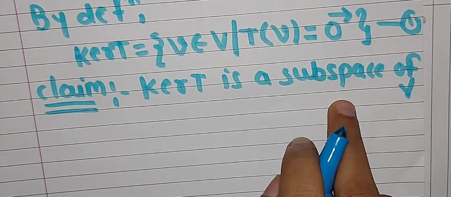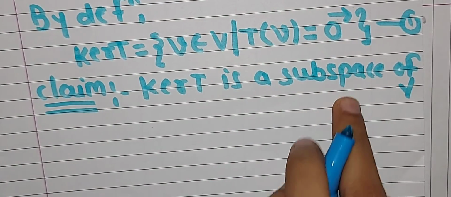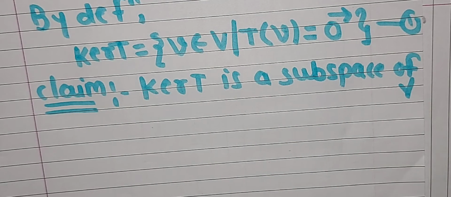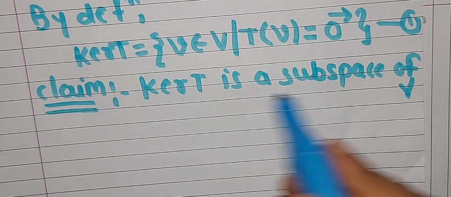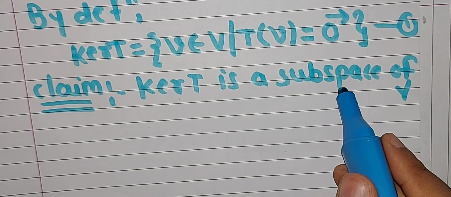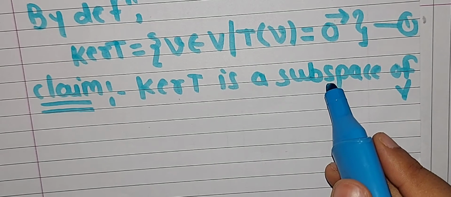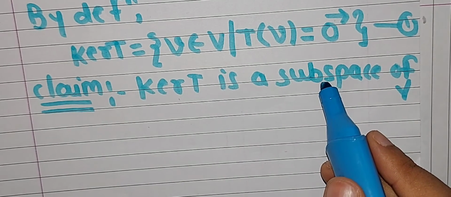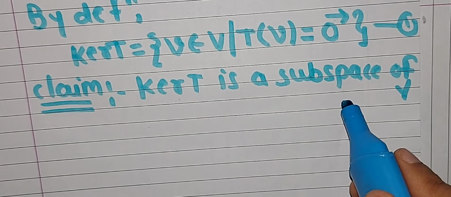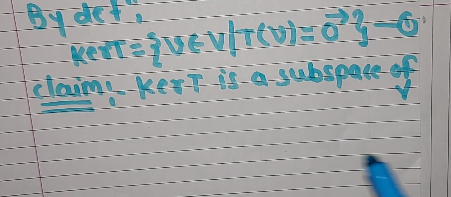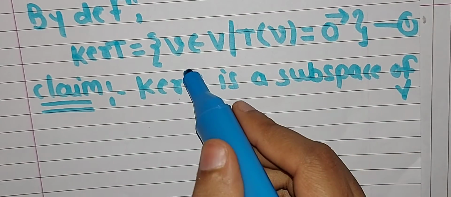We will prove three conditions. The first condition is that it is non-empty. The second condition is to take two elements from this set and prove that it is closed with respect to addition. Similarly, the third condition is to take one element from the scalars and one element from this set and show that scalar multiplication is also closed in the kernel of T.